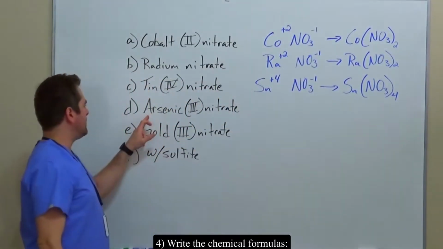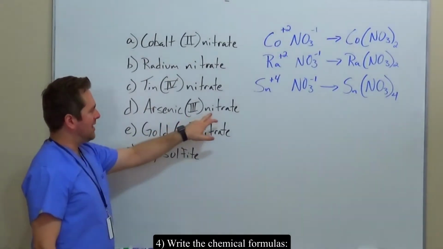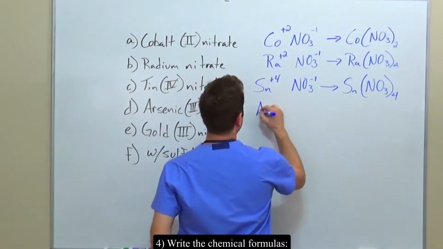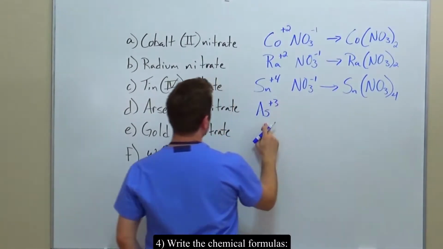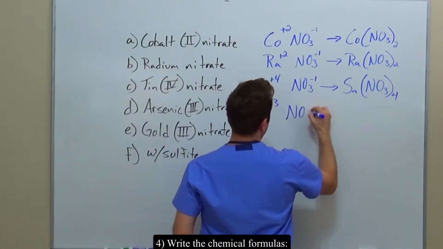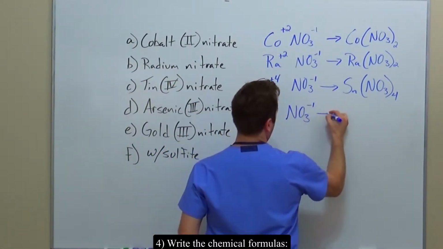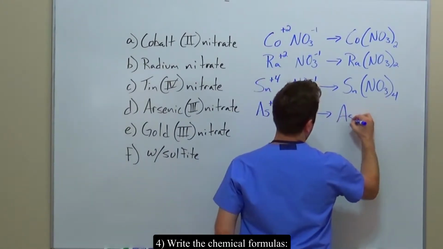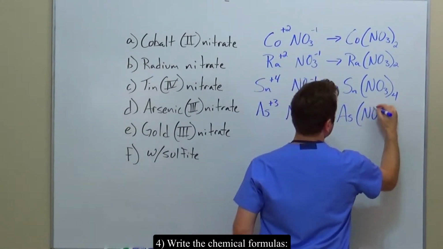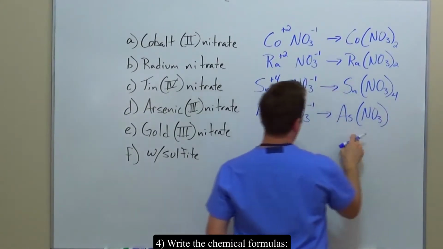All right, letter D, arsenic-3 nitrate. So you got arsenic with its +3 charge. We got each of our nitrates with a -1. So it's the same story. We have got to use parentheses. How many of them do we need?